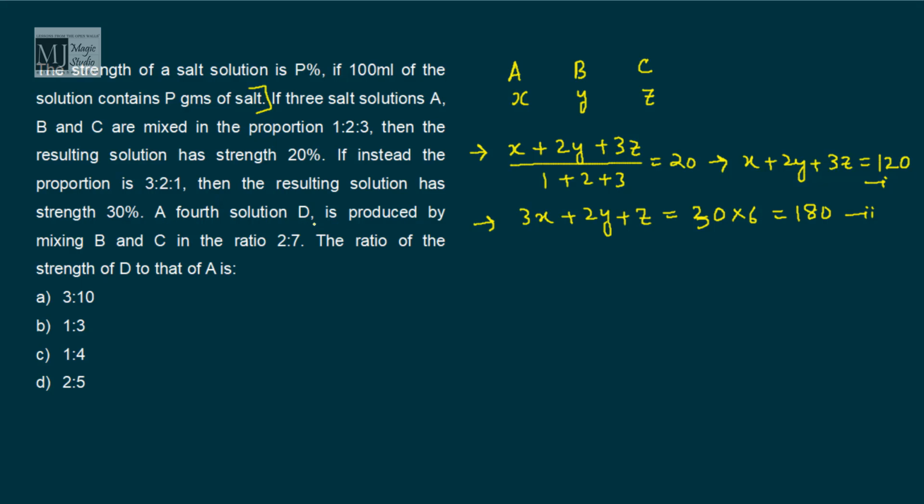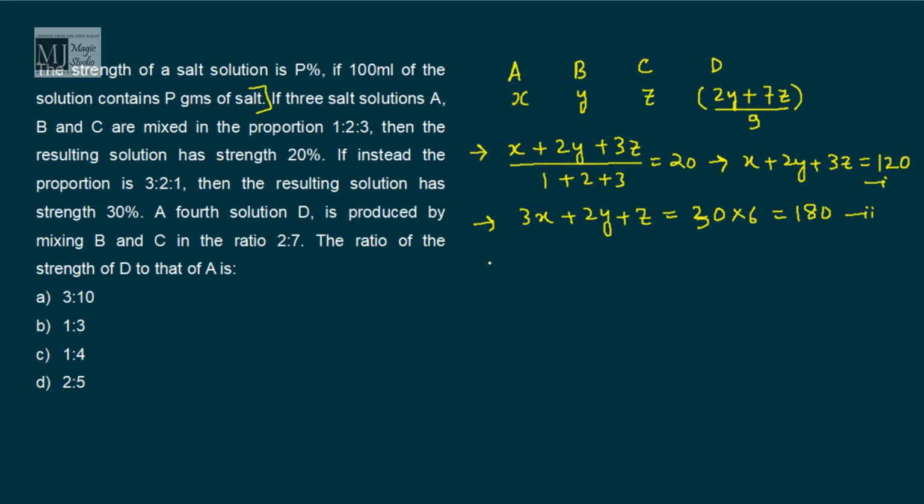A fourth solution D is produced by mixing B and C in the ratio 2 is to 7. So D's strength is 2y plus 7z by 2 plus 7, which is 9.